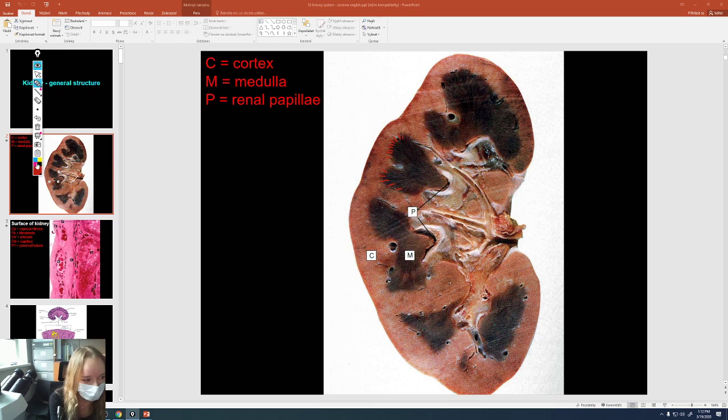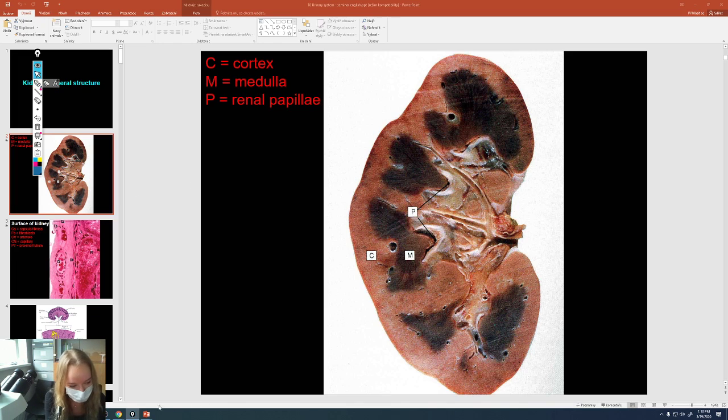And each stria or each ray is dividing the kidney into small lobules. So there are many small lobules that the kidney is divided into. A complicated sentence for me, but okay. I hope you understand that.